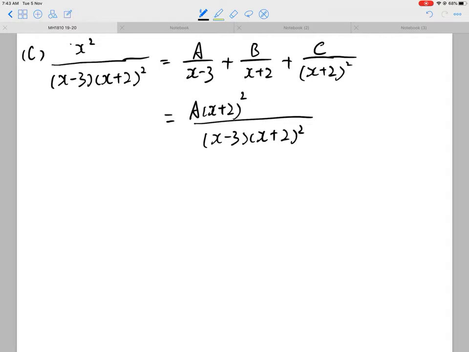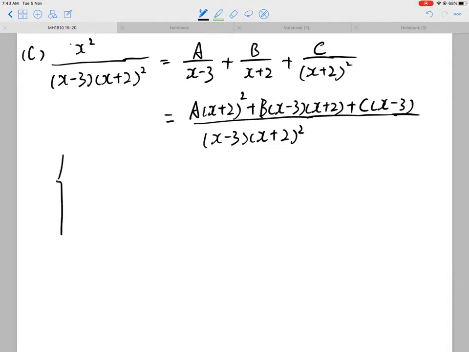So it's something like this, and we have to solve it.